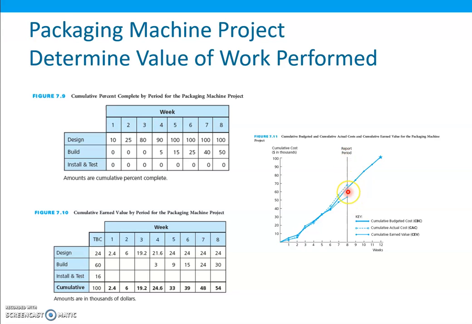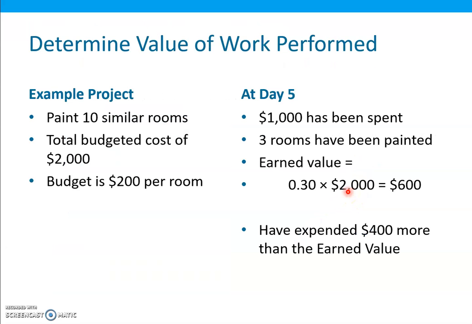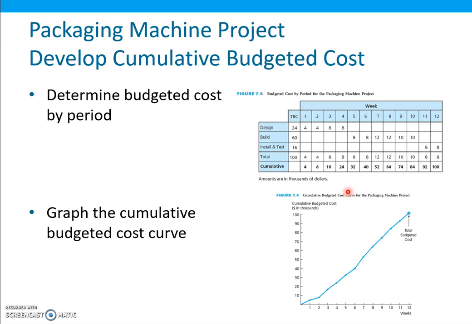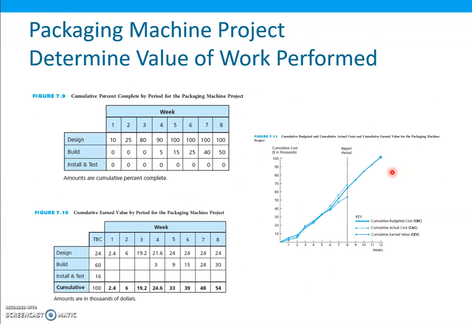At the end of week 8, from the budgeted cost by period, it is 64%. So 64% of the work should have been performed, but only 54% has been performed.